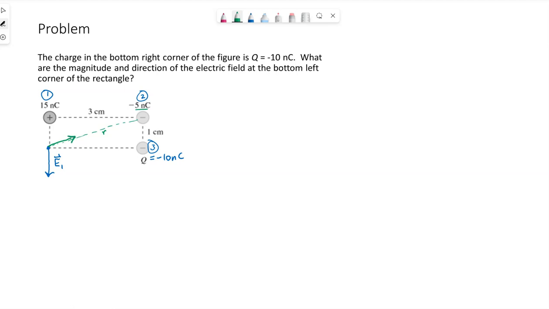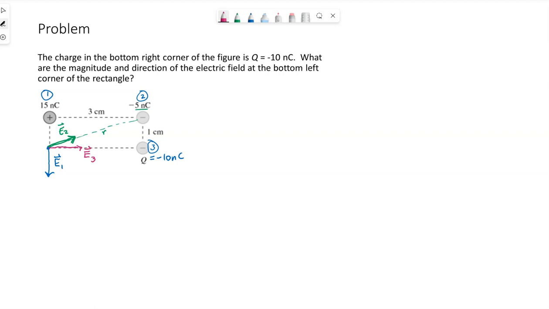So I need to draw a vector representing that. It points directly along the line connecting the 2 charges. And it points towards that charge because it is a negative charge. Charge 3 is also negative, so it will be creating an electric field that points towards it as well.